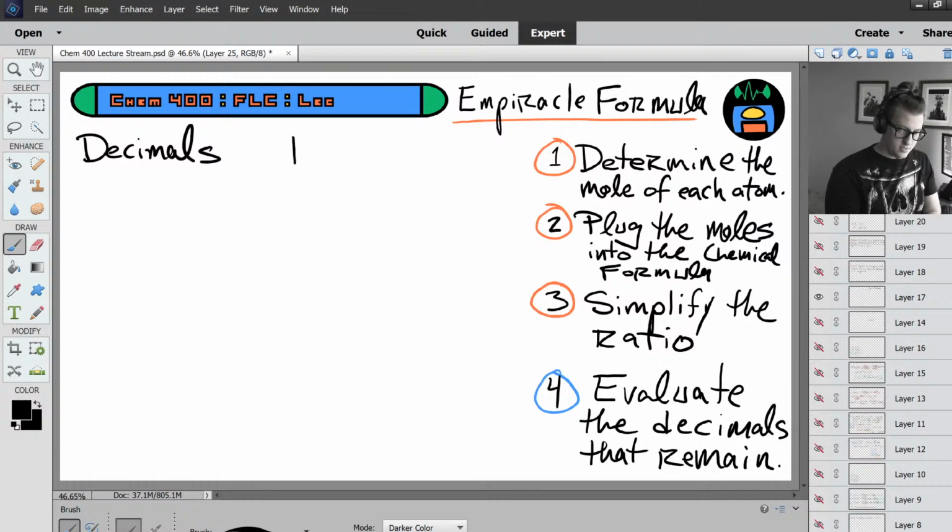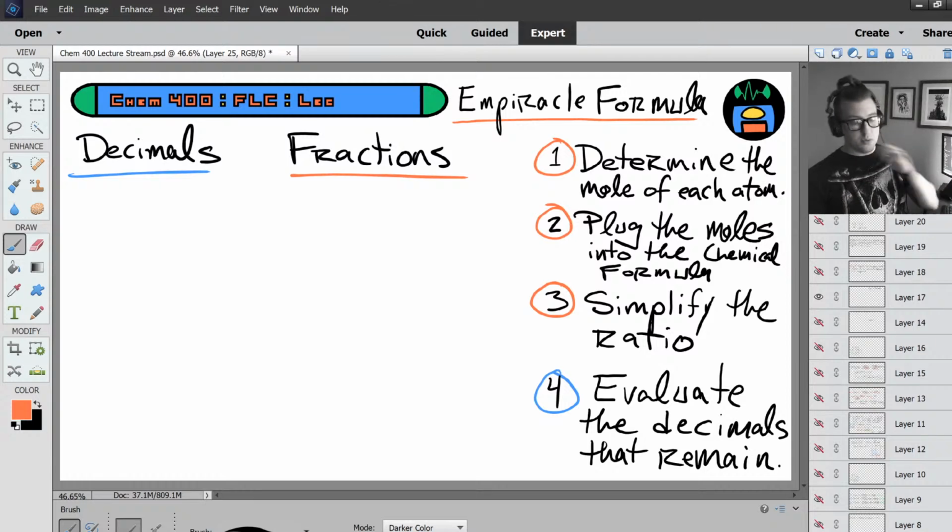Decimals to fractions. You may very well see the following decimals and have to turn them into improper fractions in order to finish the empirical formula problem.